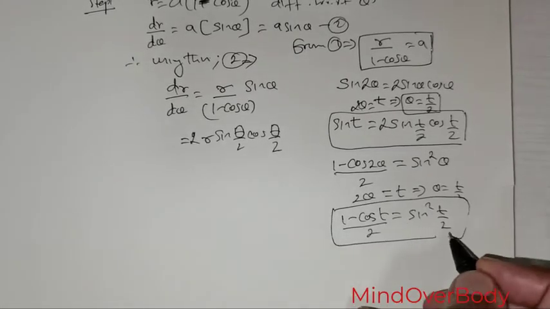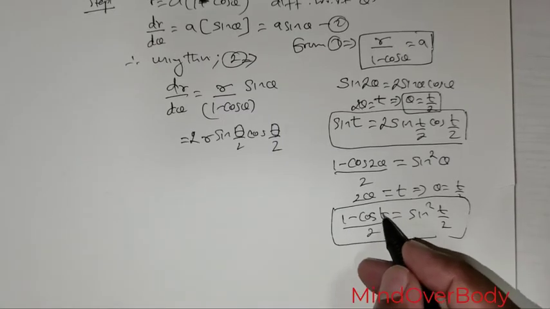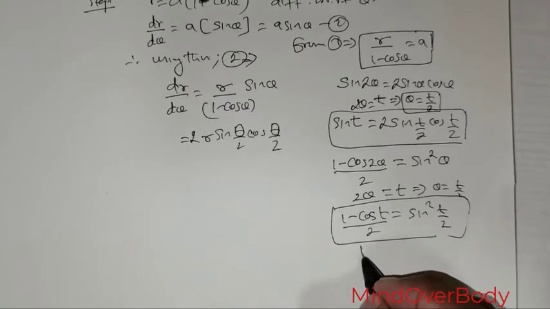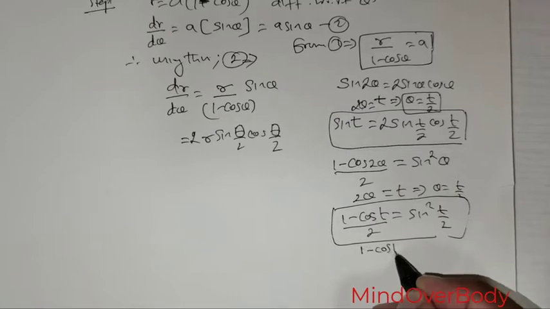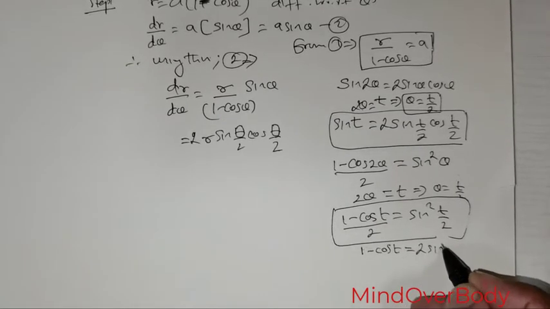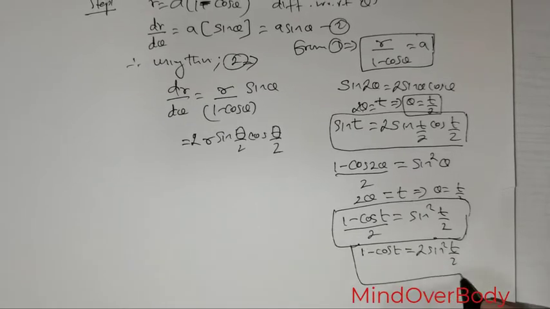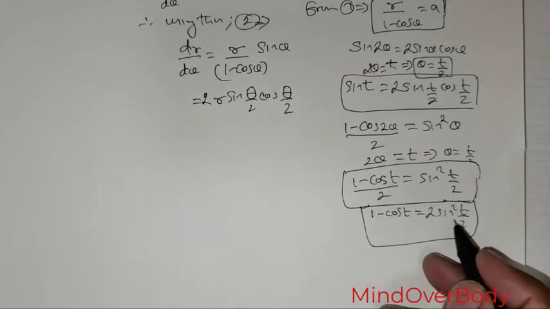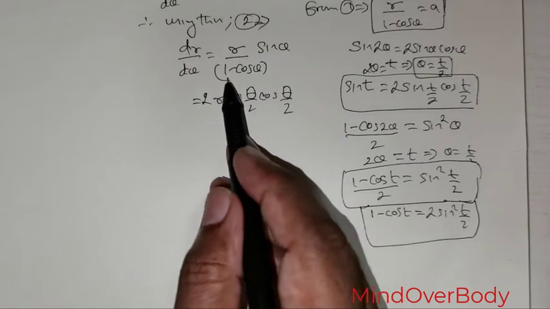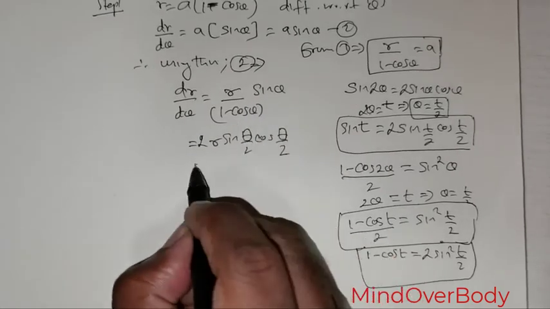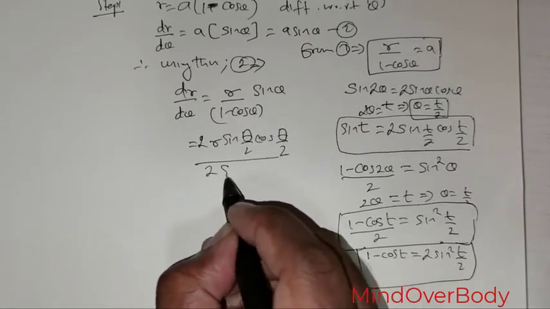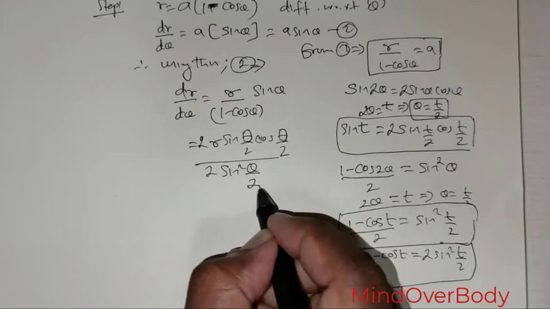This is provided, of course, I have things in t. In fact, I can go one step further and rewrite this as 1 - cos t is equal to 2 times sin squared t over 2. So if you have 1 - cos t, you can replace it like this. But in this case, it is 1 - cos theta, so I'm going to replace it as 2 times sin squared of theta over 2.